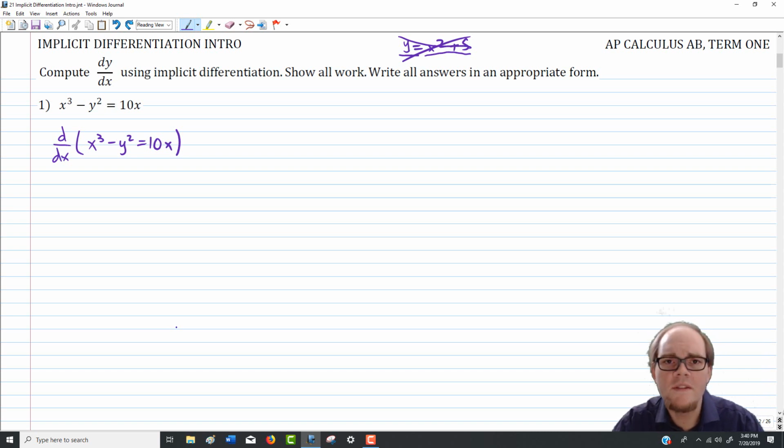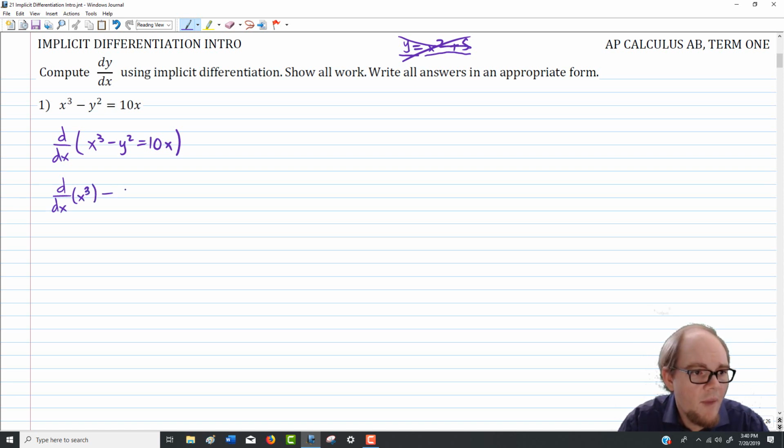Instead, I just want to think about what this is going to entail. So to start things off, let's just go as far as we can before anything pops up. If I were to differentiate this using derivative rule properties, we'd first have the derivative with respect to x of x cubed, then minus the derivative with respect to x of y squared, and that's all equal to the derivative with respect to x of 10x.